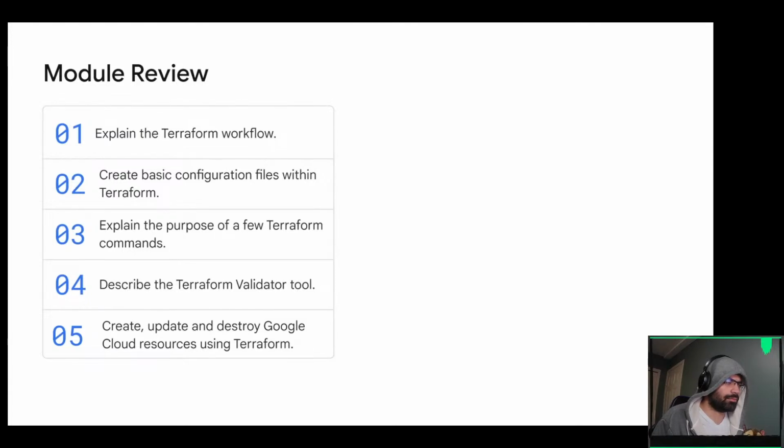You learn how to create basic configuration files within Terraform and how to describe a Terraform provider. This module also explained the purpose of a few important Terraform commands. In addition, you learned about an optional phase in the Terraform workflow called validate. You also learned how to create, update, and destroy Google Cloud resources. Check out the next module to learn more about writing infrastructure code.